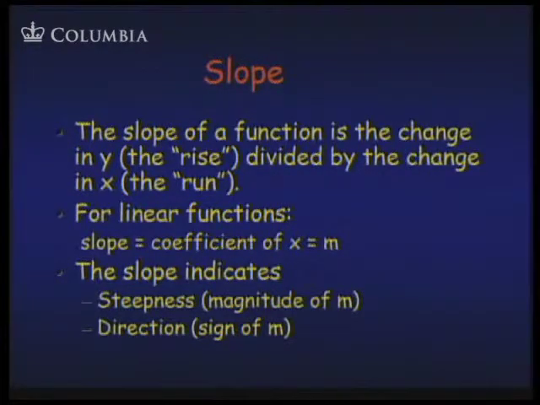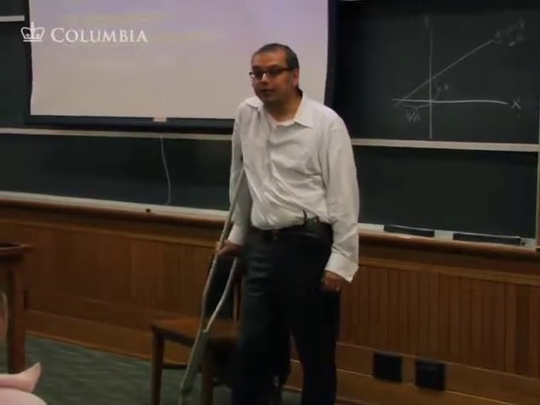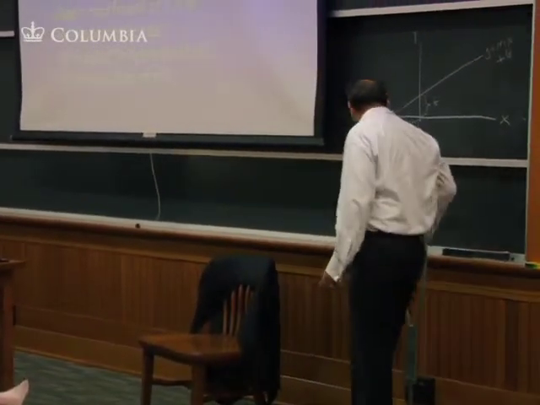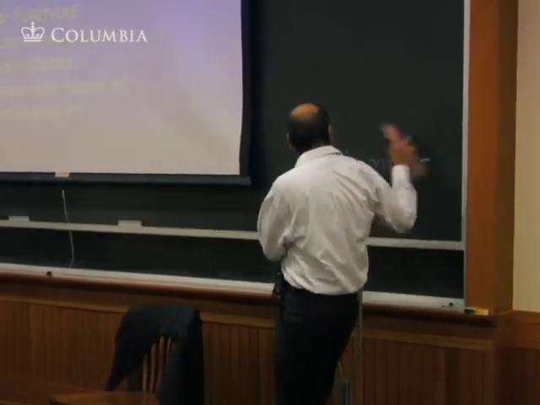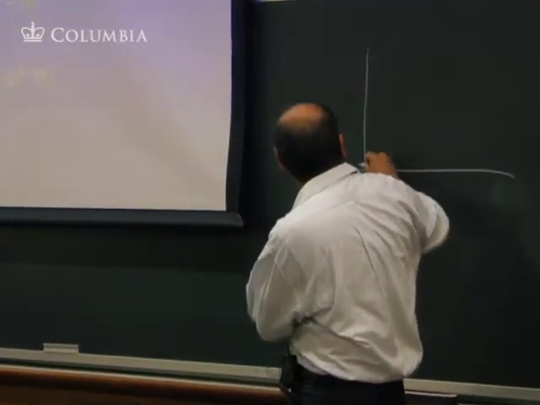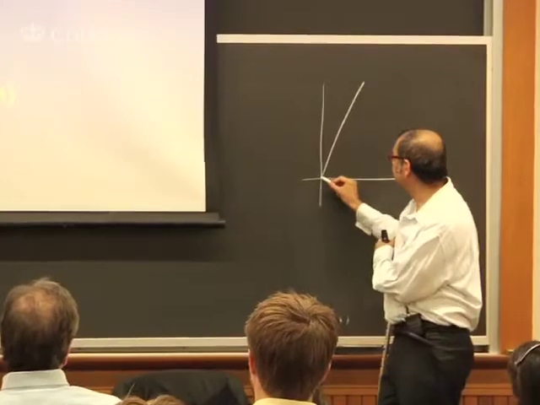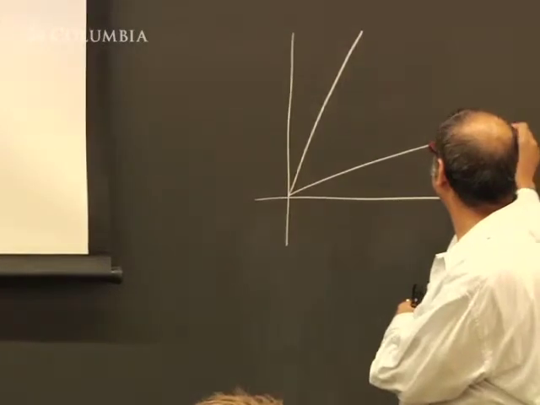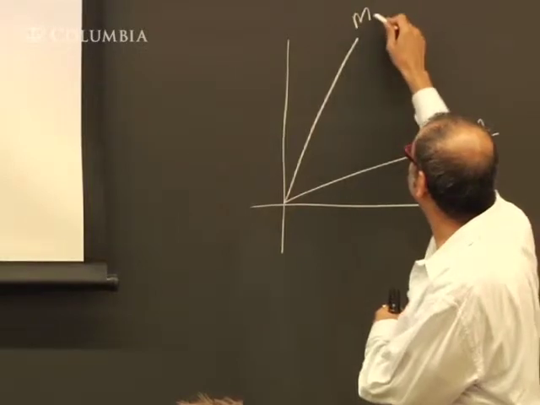So if the slope m is a large number, has large magnitude, then it is a very steep function. Okay, so you could think of it in terms of grade. This is a very steep function, that is, m is very large. This is a relatively shallow function. M is relatively small, so m low, m high.